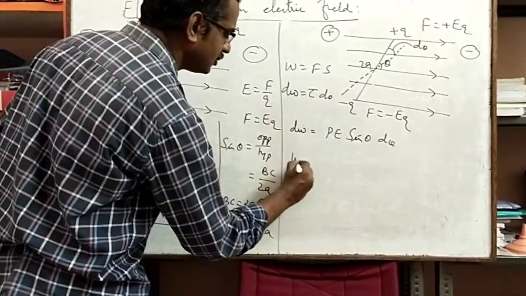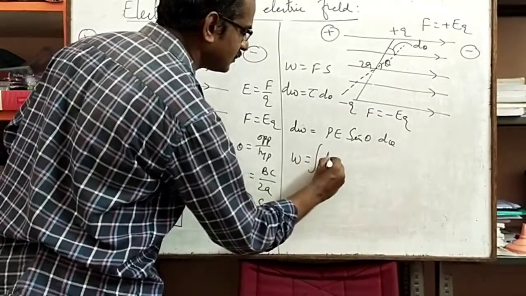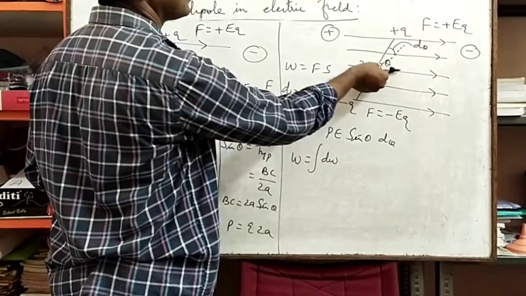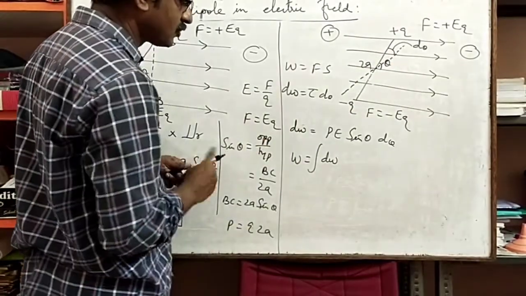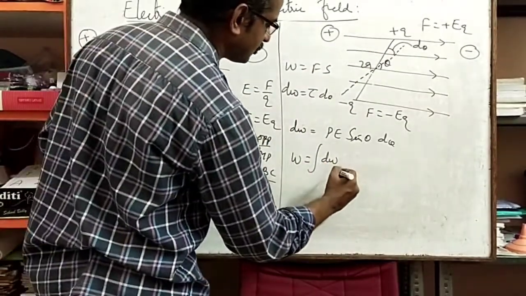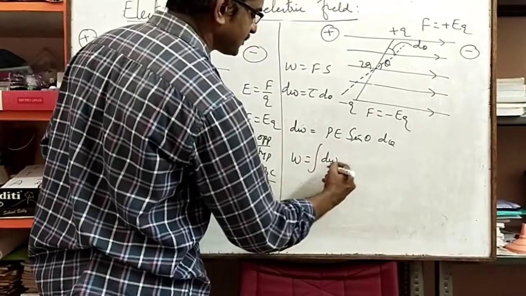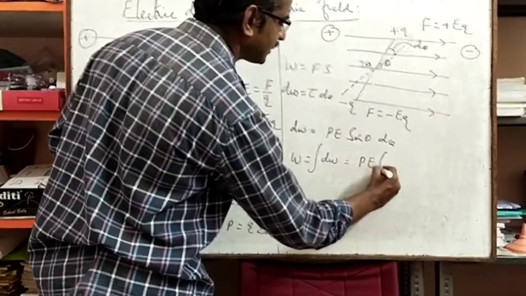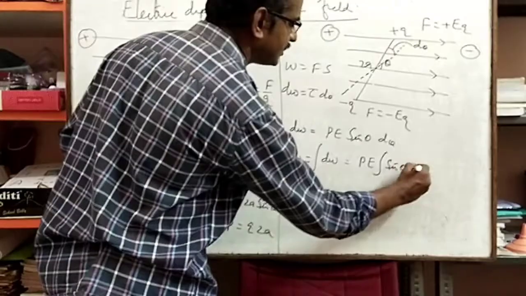Total work done W is equal to the integral of dW. If you want to bring the electric dipole parallel or perpendicular, whatever it is, the total work done W is the integral of dW, with limits. That equals PE times the integral of sin theta d theta.